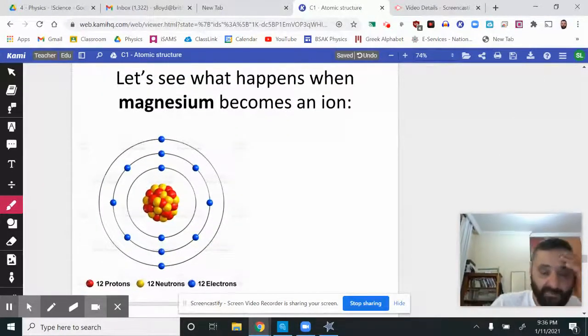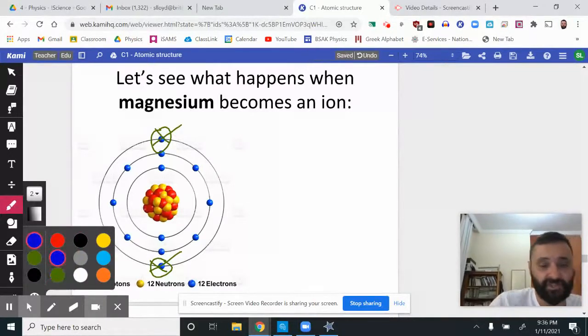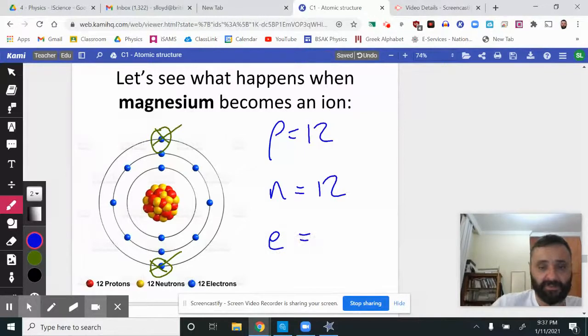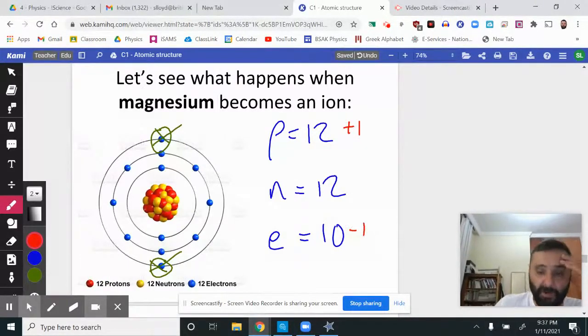Okay, magnesium. I think if you remember, magnesium loses 2 of its electrons, doesn't it? So if it's losing electrons, it's still got 12 protons. It's still got 12 neutrons. Electrons, it did have 12. It's lost 2. It's now got 10. We've got 12 plus 1s, 10 minus 1s.